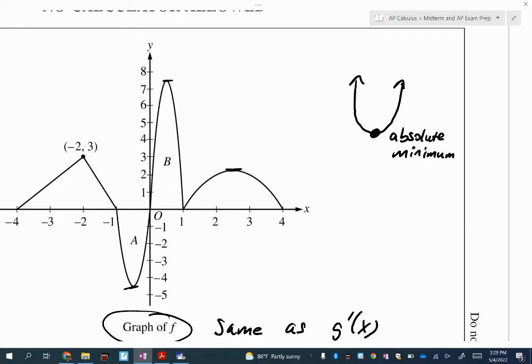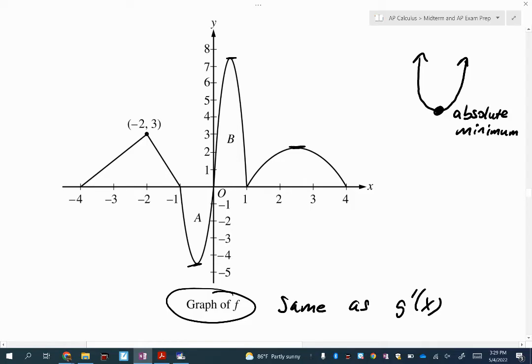So look at the very beginning. What's happening at -4? We have positive values from -4 to the right. I don't know what's happening over here. Could it be like that? It could, but it also could be up here. I don't know. So that's an option. Let's go to -1. What's happening at -1?